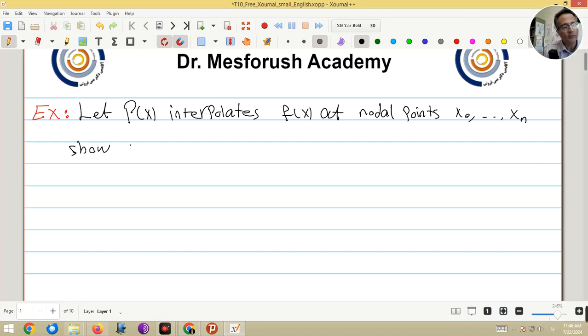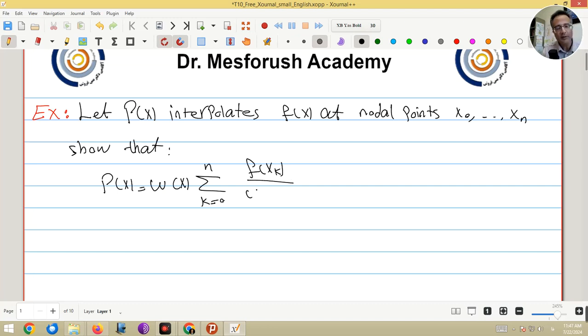We want to show that p of x is equal to w of x times the sum over k equal to 0 to n of f at xk over x minus xk times w prime at xk, where w of x is equal to the product over i from 0 to n of x minus xi.